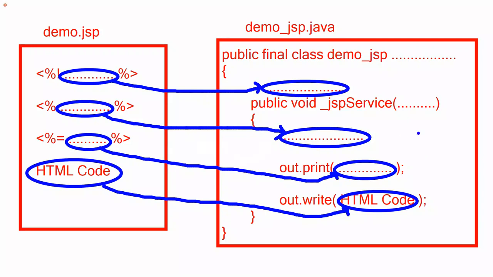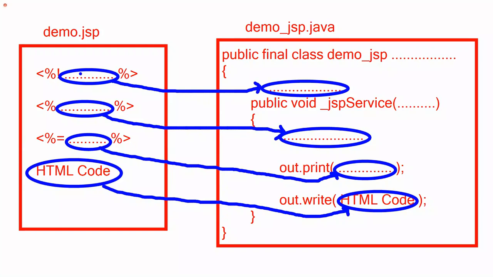Now, suppose you want to write an instance variable, inside the service or outside the service? Then which element is required? Declaration. Class variable, inside the service or outside? Outside the service. Then which element is required?